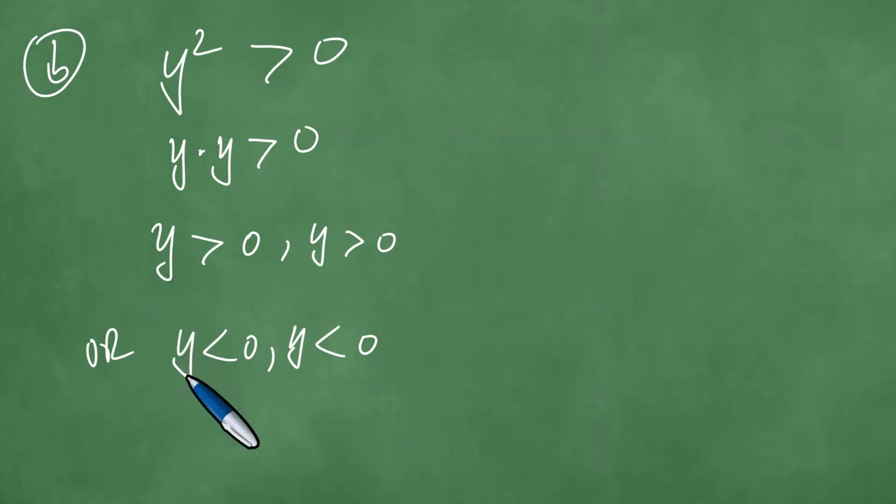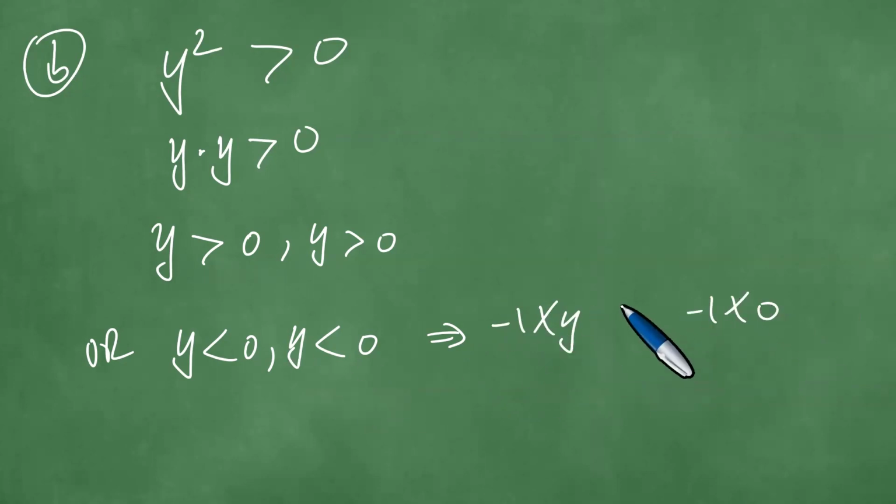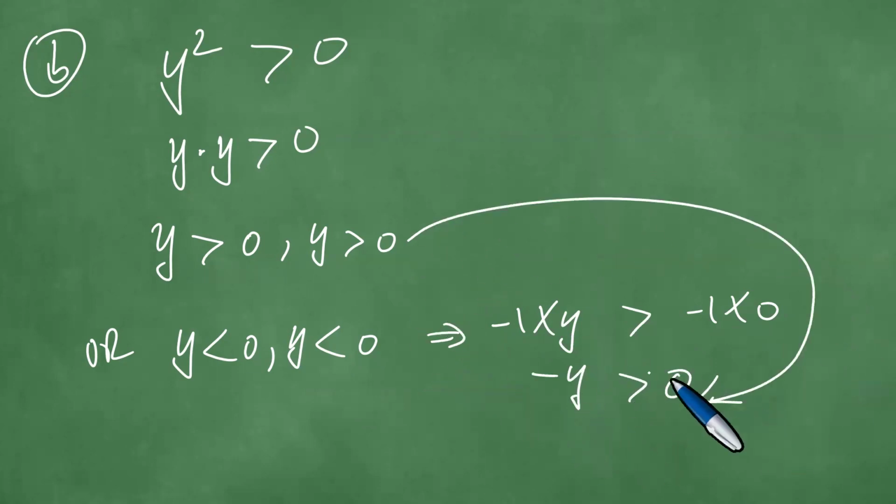So if y is negative, you multiply both sides by negative one. You multiply y by -1 and you multiply the 0. The inequality changes direction, so that you have minus y is greater than 0. You have these two instances, but together they mean the modulus is bigger than 0.